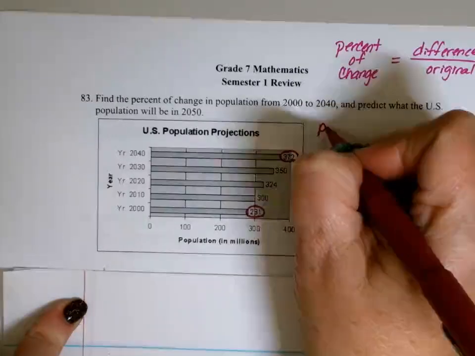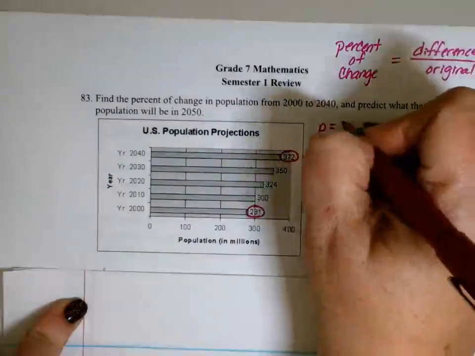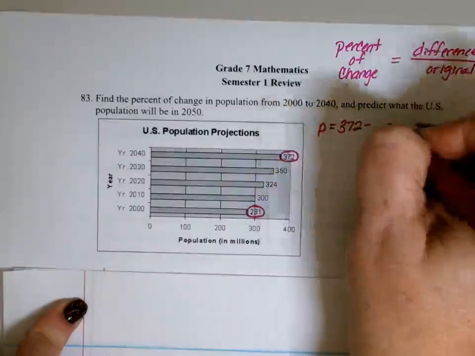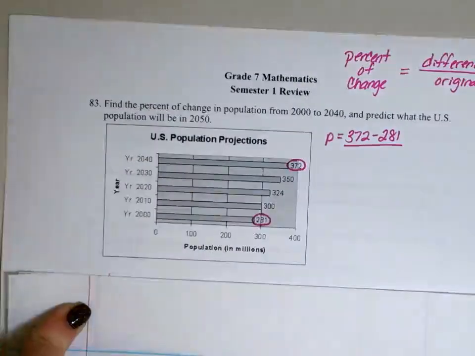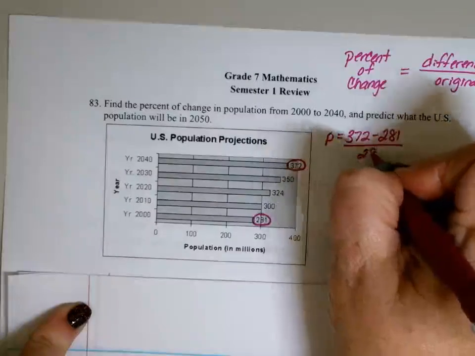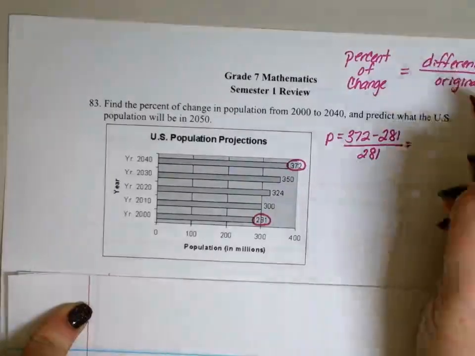My percent of change equals, how am I going to find my difference? I'm going to subtract them. 372 minus 281. And what was my original? 281. So what is 372 minus 281? Your calculator. 91.